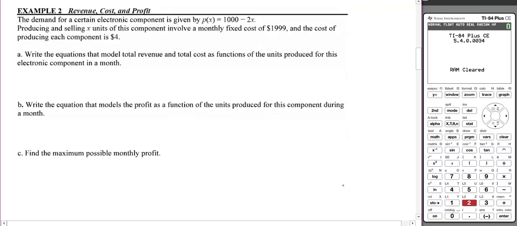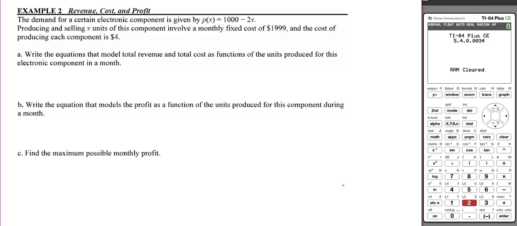Example 2 involves revenue, cost, and profit. The demand for a certain electronic component is given by P of x equals 1,000 minus 2x.